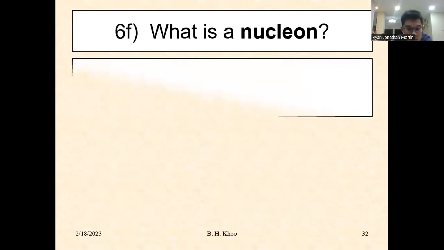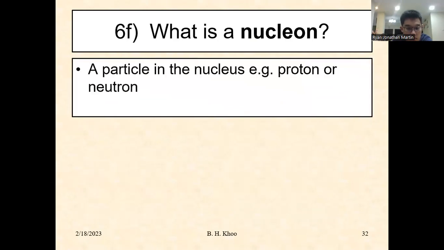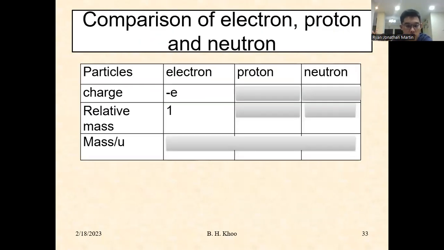What's a nucleon? A particle in the nucleus. Anything in the nucleus, we call it a nucleon. It can be a proton, it can be a neutron. Okay, what is the charge of a proton? Plus 1e. How about neutron? 0.